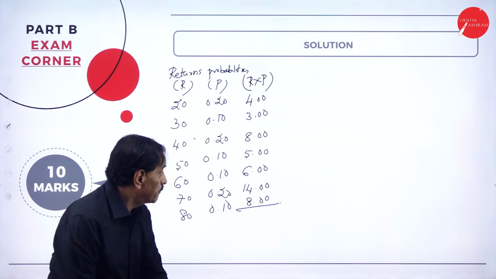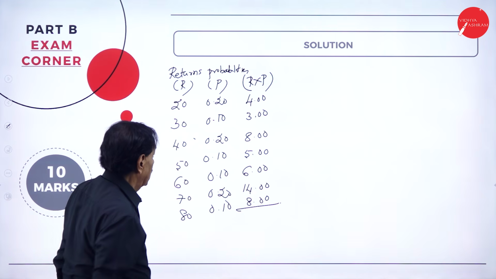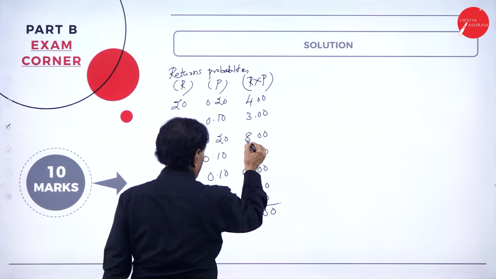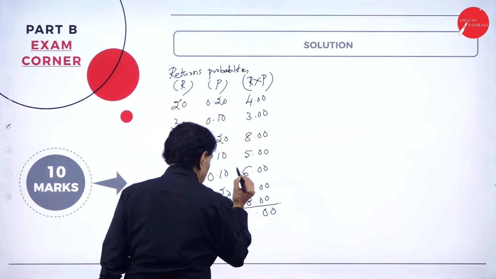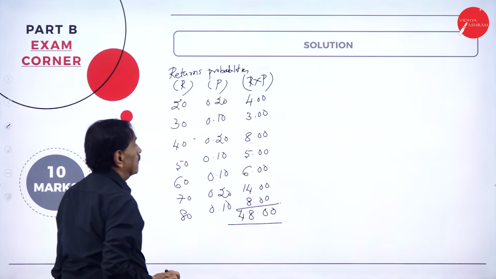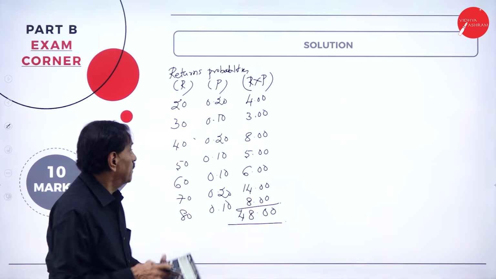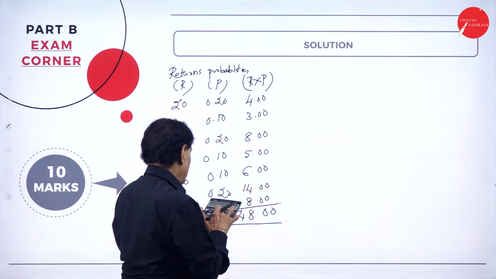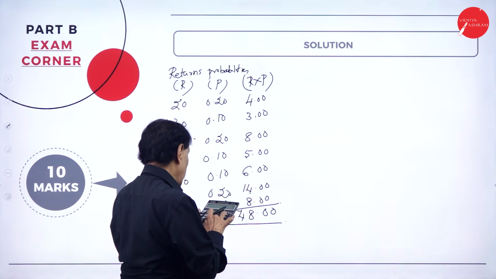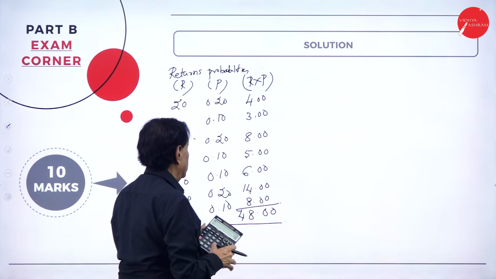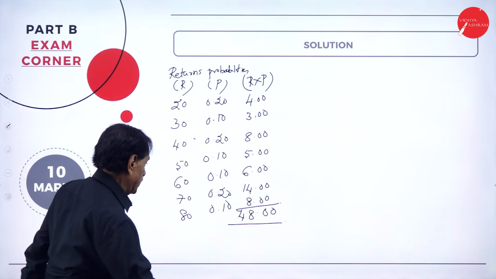Add: 4 plus 3 plus 8 plus 5 plus 6 plus 14 plus 8 is 48. This is the expected return.